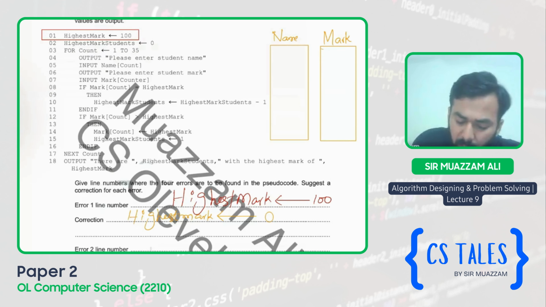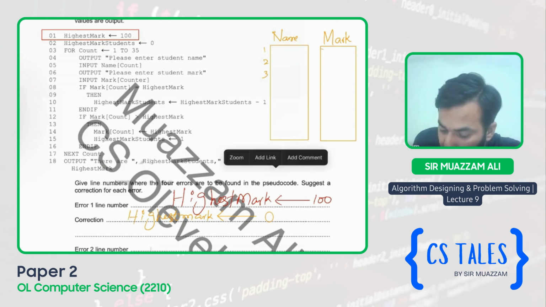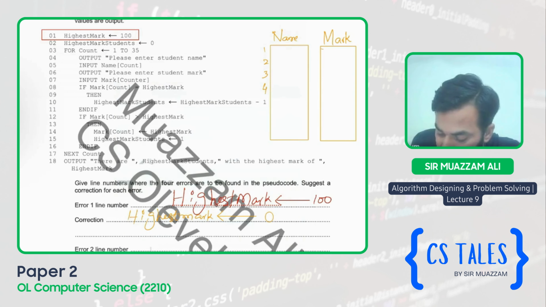For count from 1 to 35, you have a total of 35 names, which means your array count goes up to 35. Okay, it's good. Output: please enter student name. Input name, count.